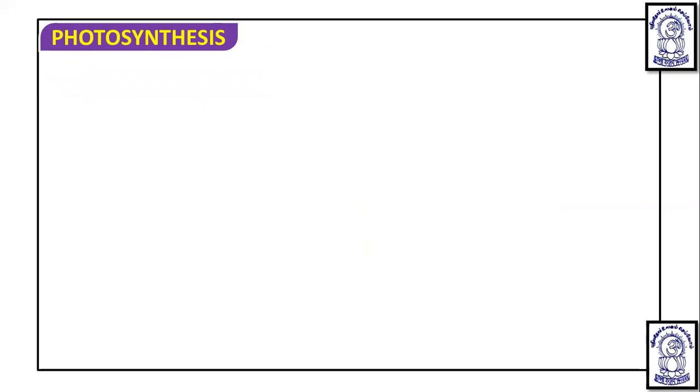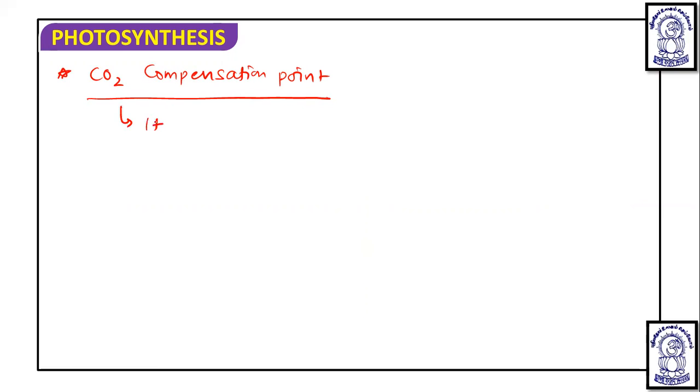Now after this, in CO2, we have to understand one more thing, that is the CO2 compensation point. In the CO2 compensation point, the question is first, what is a compensation point?